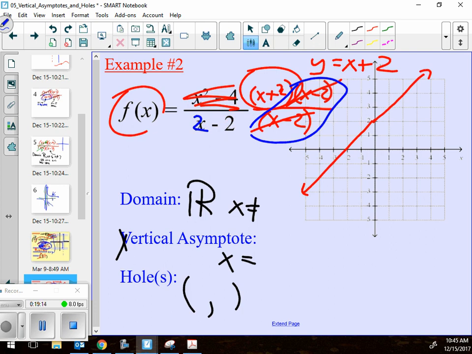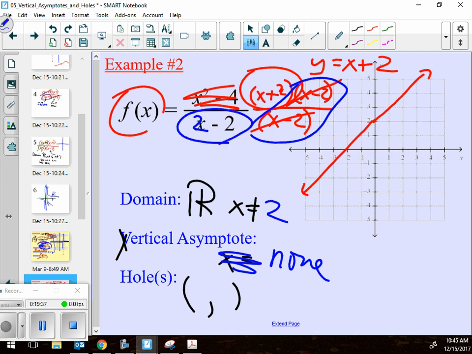So you should have said, it's all real numbers, except x cannot be 2. And the vertical asymptote is, there isn't one. Why isn't there an asymptote? Because the one thing that can hurt the function isn't the asymptote, it's a hole. So there was none. Look at that straight line. It doesn't have an asymptote.